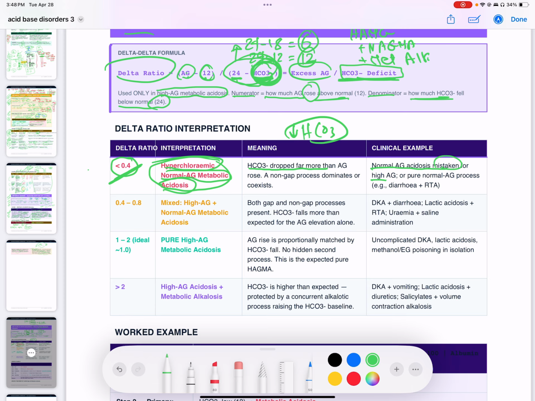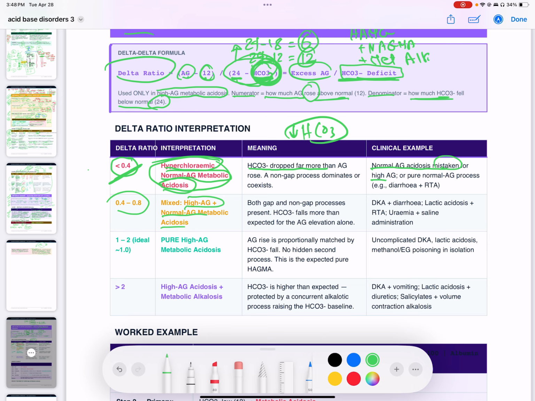The second scenario, you have the delta ratio between 0.4 and 0.8. In this interpretation, usually it's high anion gap plus normal anion gap. Because here again it's less than 1, so you still have more bicarb loss than the anion gap increased.